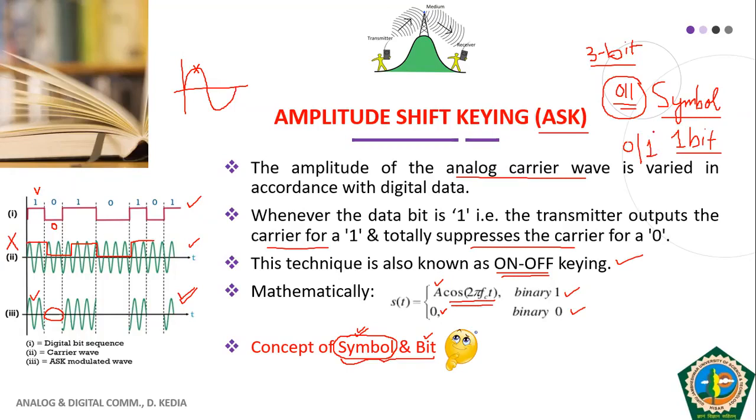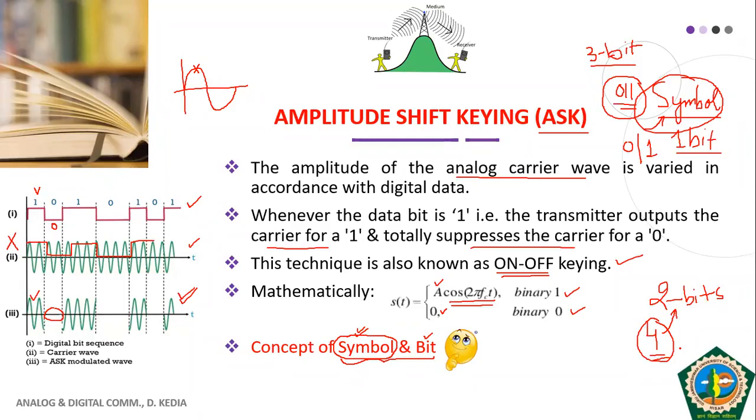So at the maximum we will have two different symbols, and we have a binary modulation technique. If each symbol is represented by 2 bits, how many symbols are possible? In that case 4 symbols are possible. These 4 symbols then give us quaternary modulation techniques.